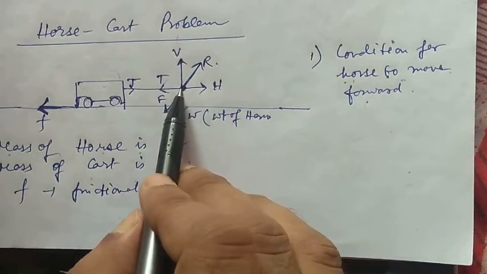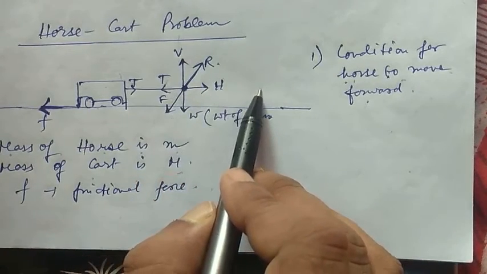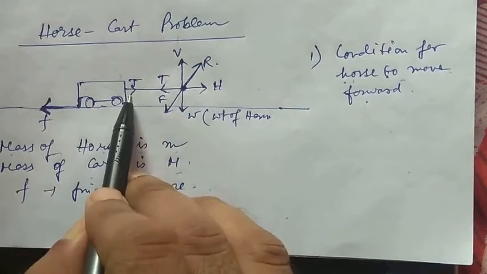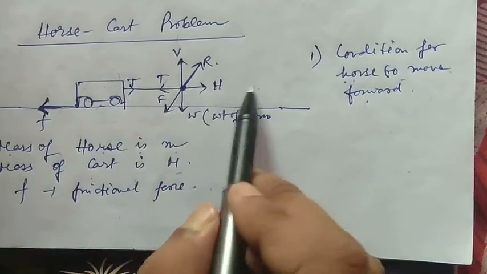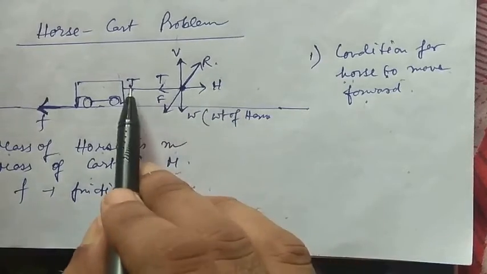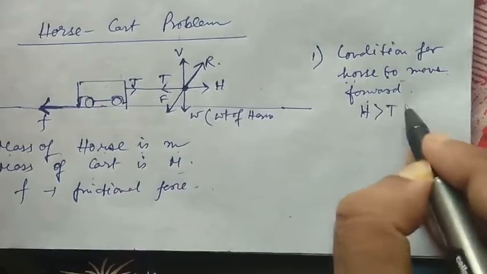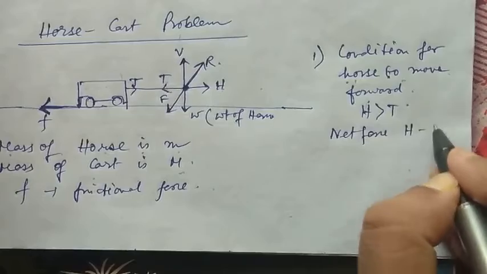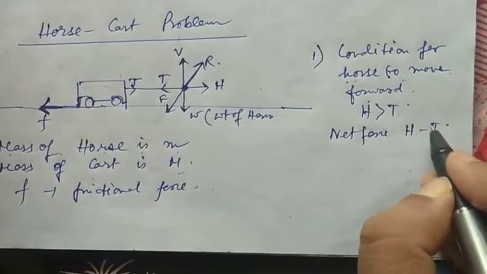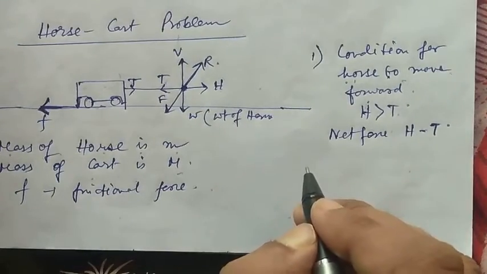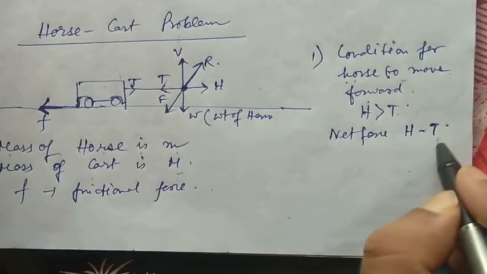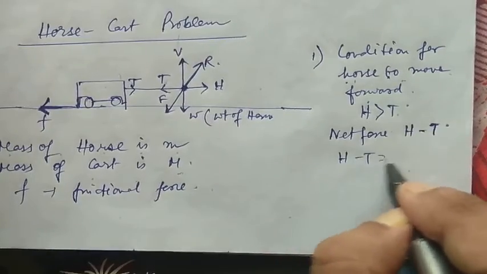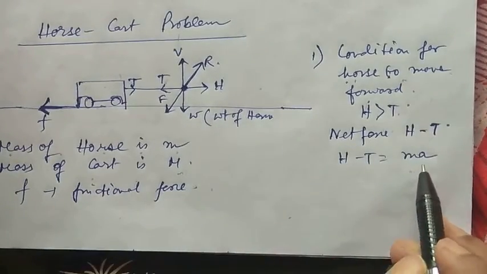The force exerted by the horse in the horizontal direction is H, and the force with which it pulls the cart is T. So for the horse to move forward, this force H must be greater than the force T. So we write H greater than T. Now net force is equal to H minus T. As H is greater than T, the net force acting on the horse is H minus T. Now this force helps the horse to move forward, that means H minus T is equal to ma. Now a is the acceleration of the horse.